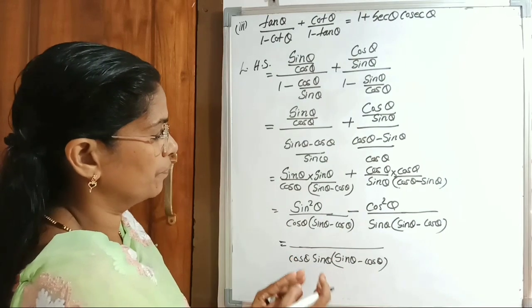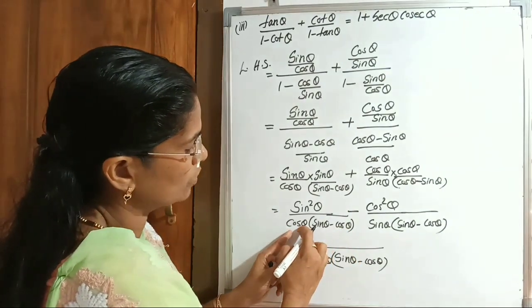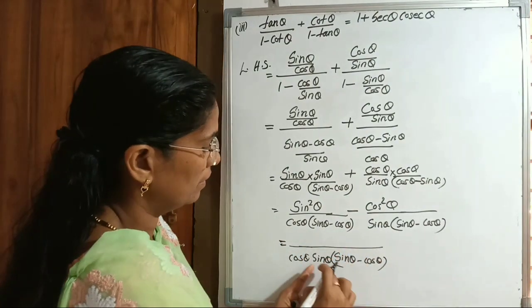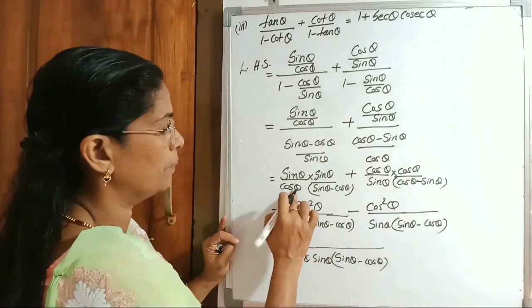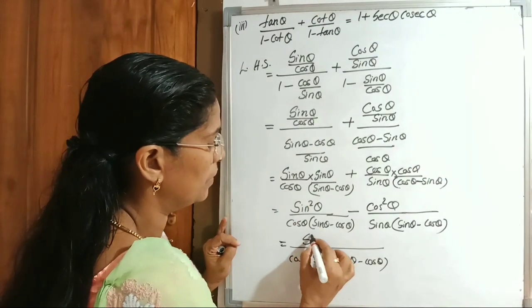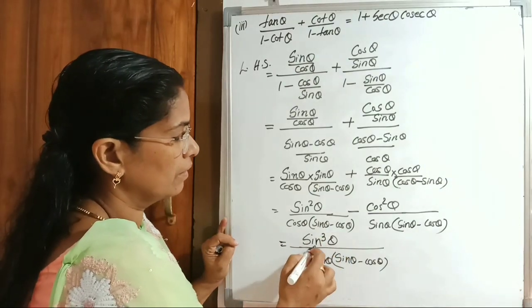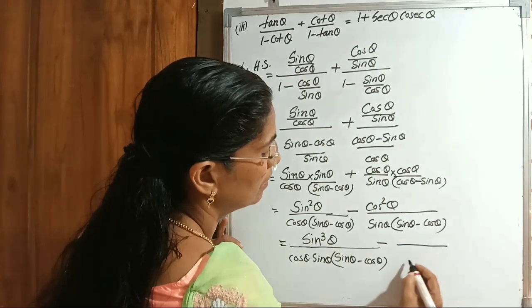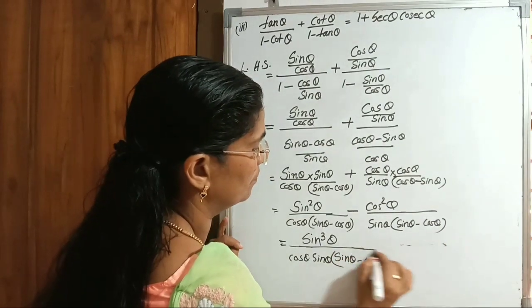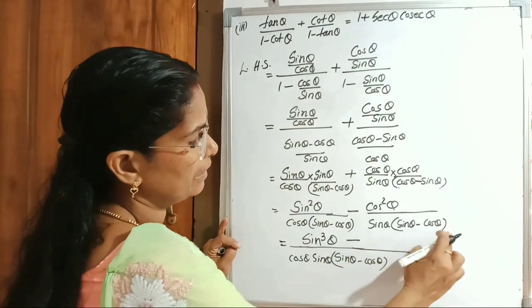This is the LCM. So what is in the denominator in the first term? Cos theta, sin theta minus cos theta. That we need not take. The balance is sin theta only. So sin theta multiplied with sin square theta becomes sin cube theta. Direct step I am writing. Clear? Minus here, the denominator is sin theta into sin theta minus cos theta.